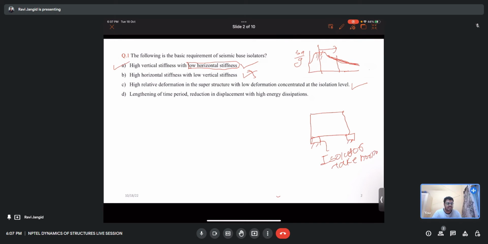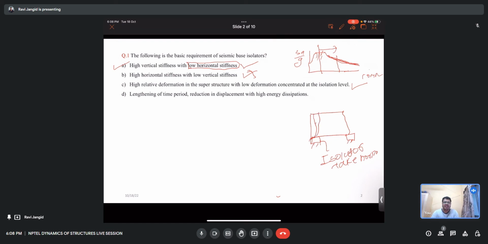Say in the fixed base we are getting 10 displacement, and 50 or 60% or 80% isolation is achieved. So 80% of the displacement is taken by the isolator, and only 20% displacement is taken care of by the structure.